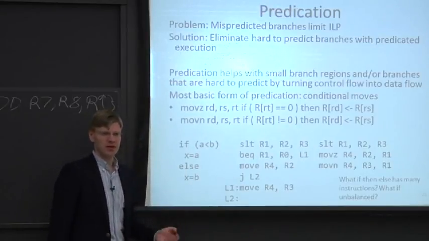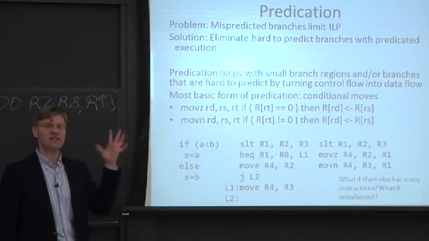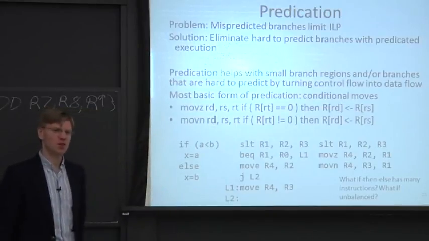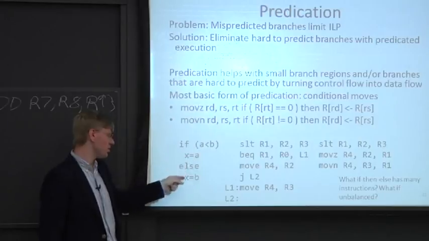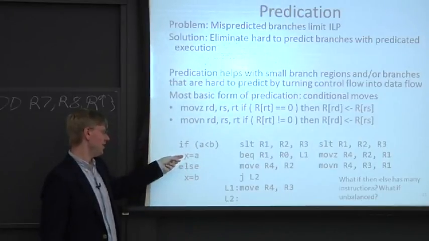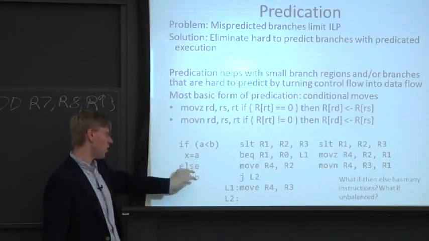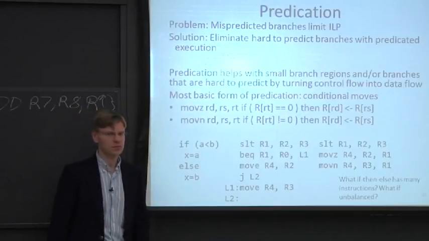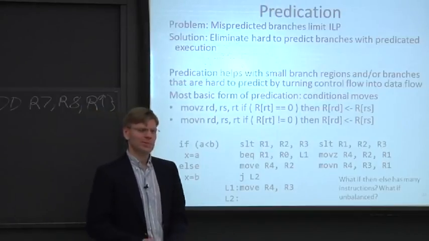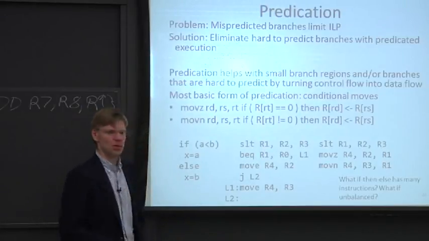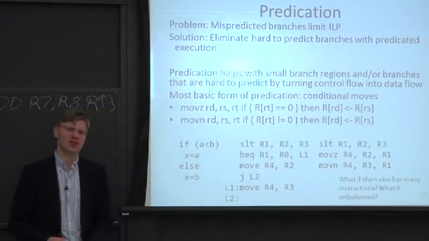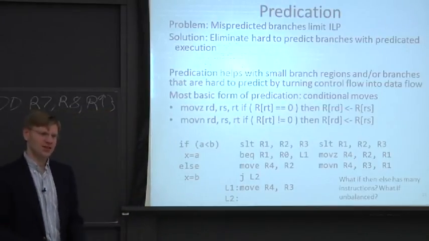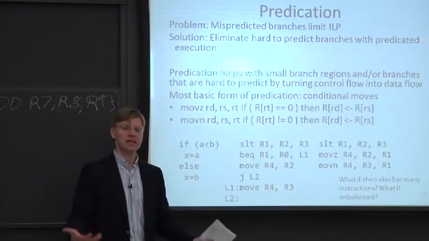Let's say the branch mispredict penalty is 10 cycles, and it's 50% either way. Well, no, that would never make sense to do, because you're basically doubling your code.